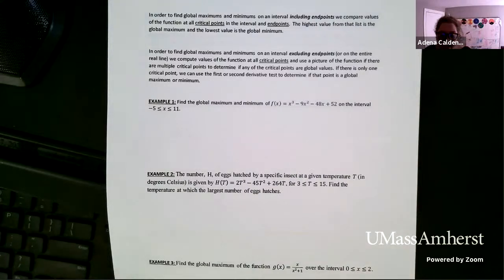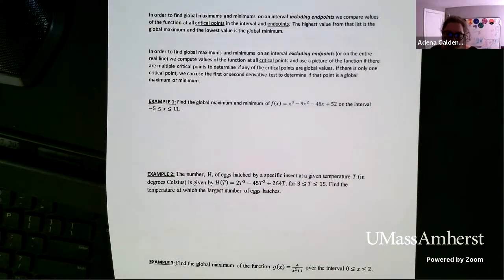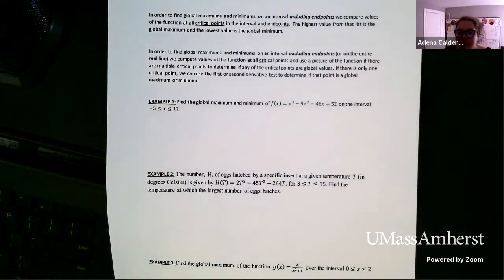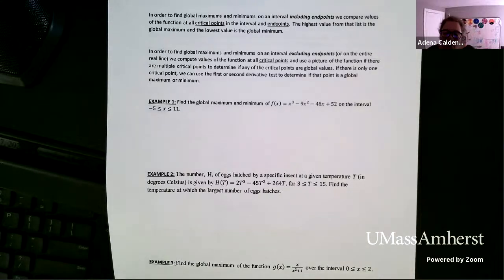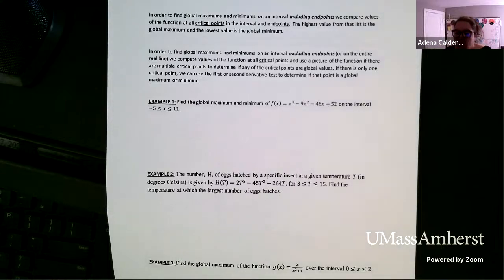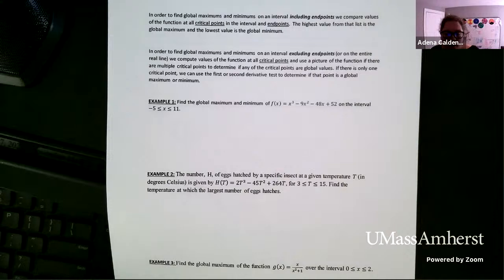One thing we need to be extra careful about, however, is that if we are given an interval, which we are probably 75% of the time, we can only use critical points if they are on that interval. So if I say you have to be between 0 and 10, and you have a critical point at -4 and 4, you can only use the +4 because that is the one that is on the interval, okay?